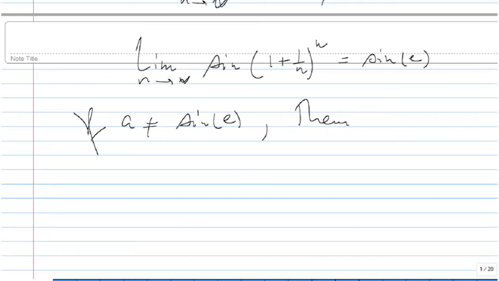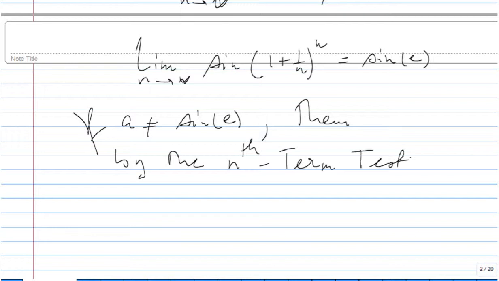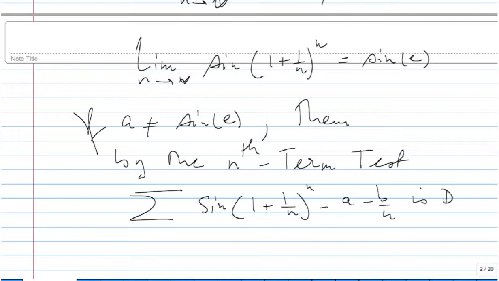So in this case, by the nth term test, we know that the series sine of (1 plus 1 over n) to the power n minus a minus b over n is divergent, because the nth term does not go to 0.